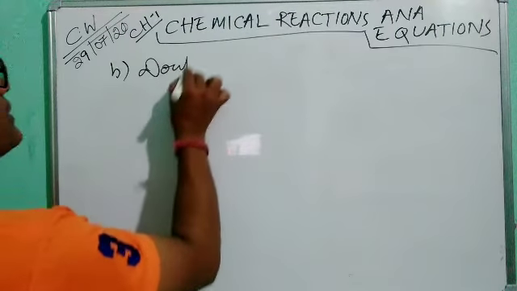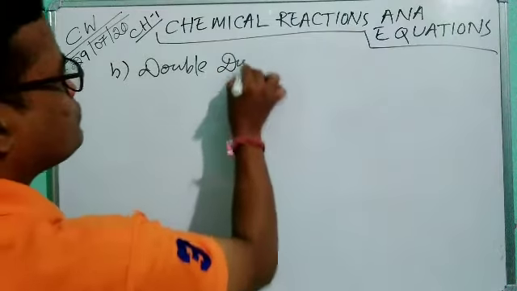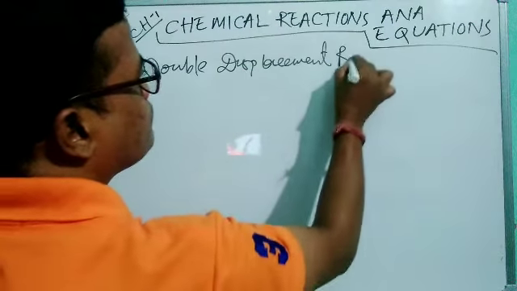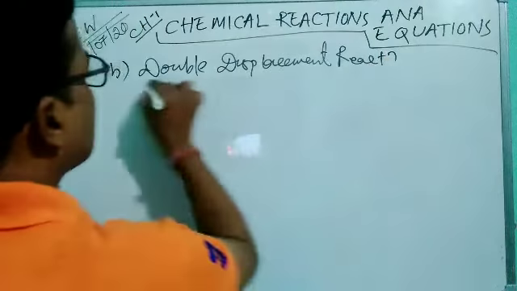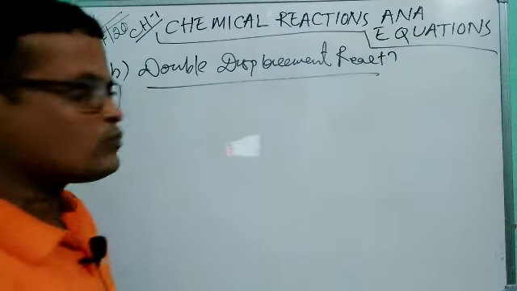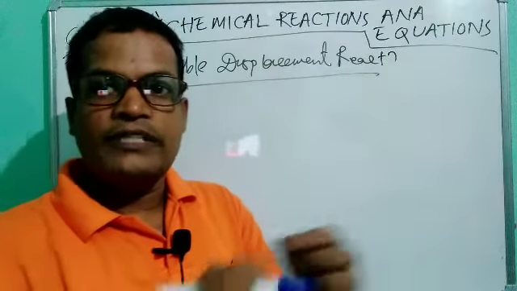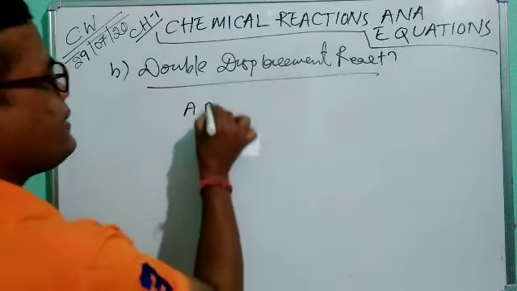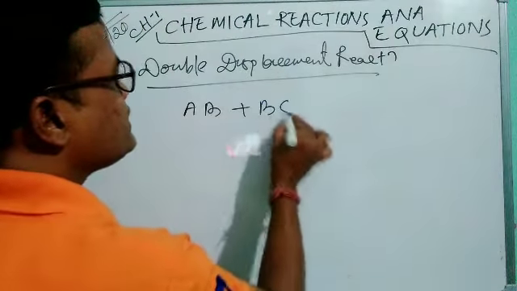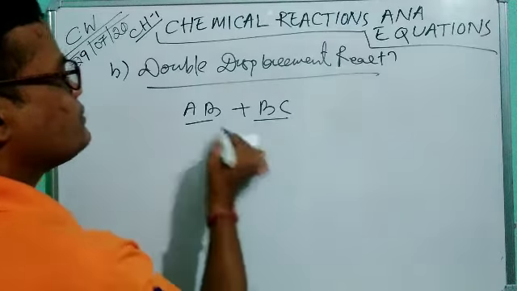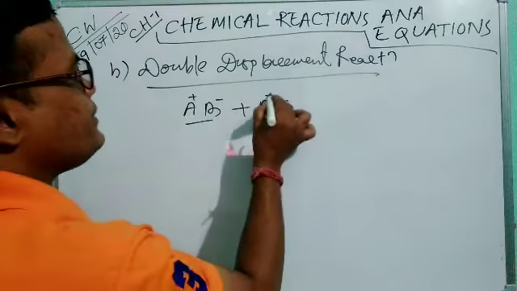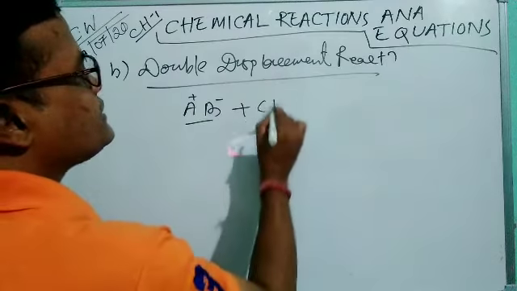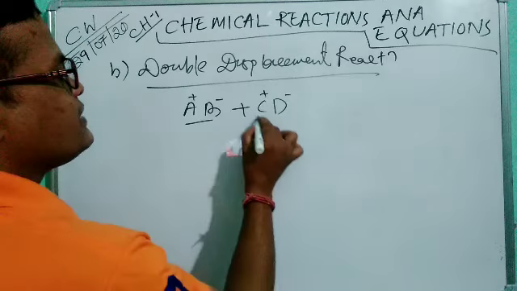Double displacement reaction. In a double displacement reaction, what happens friends? Two elements displace each other from their respective compounds. Suppose we have a compound AB, A plus B minus, and another compound CD, C plus D minus.